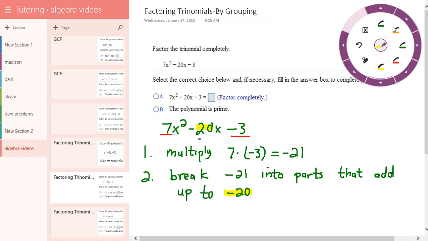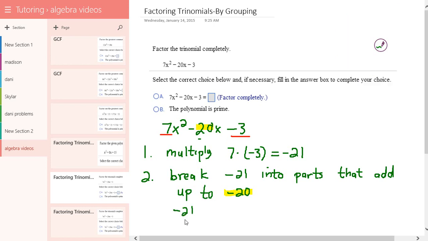So to do that, we see that negative 21 can be written as negative 21 times 1. Those are the factors of negative 21 that add up to negative 20.